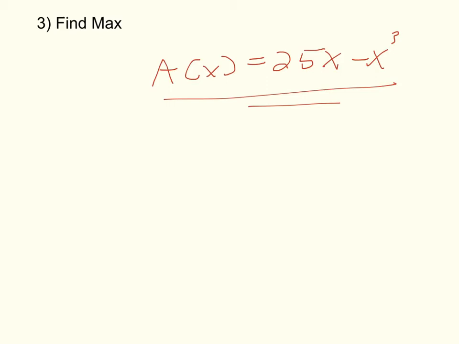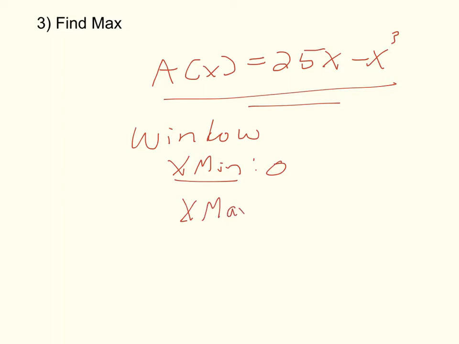It makes it pretty easy since we just did the domain, so we can set our window with x min equal to 0 and x max equal to 5. Just match up the window with the domain we just found, and it'll give you a nice little graph. Then you type this equation into your calculator and graph it.